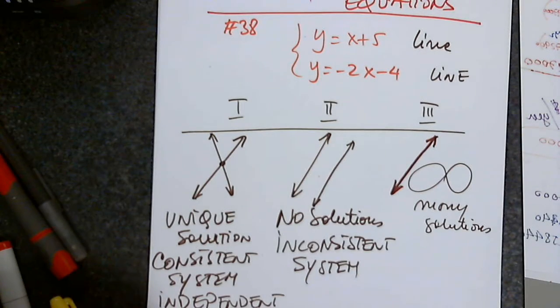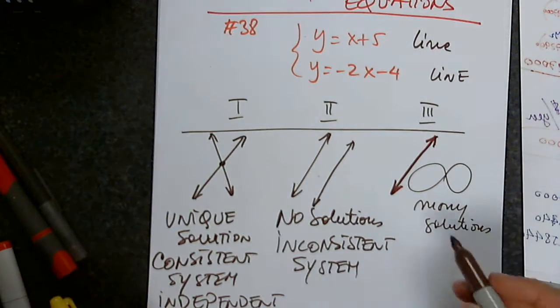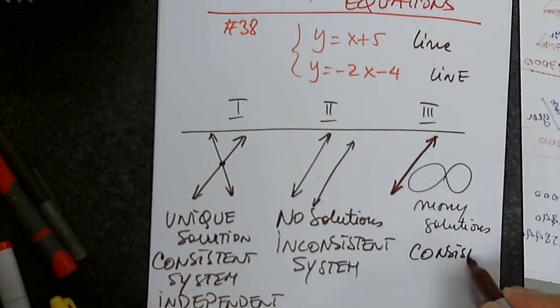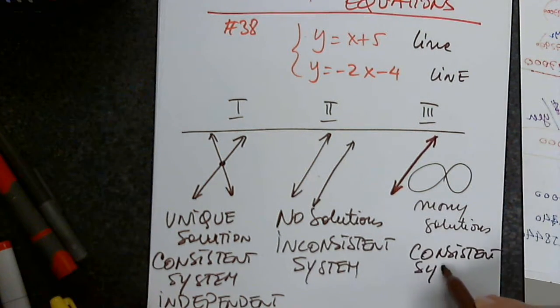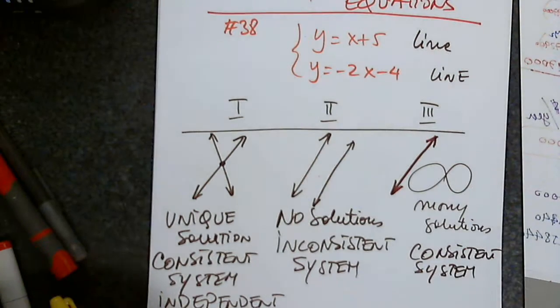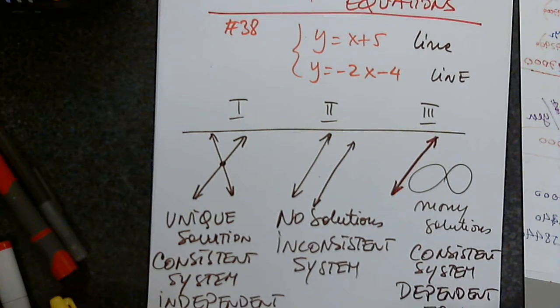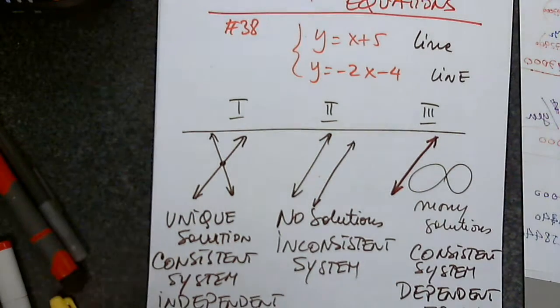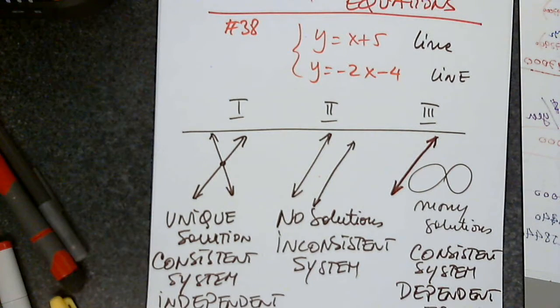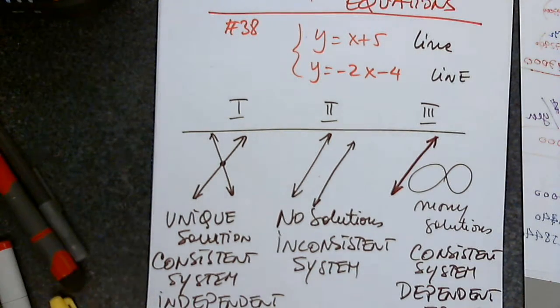Is the system consistent or inconsistent? Of course, it has so many solutions. Consistent system. And the equations are dependent. Infinitely many solutions, dependent equations, and consistent system. Okay.